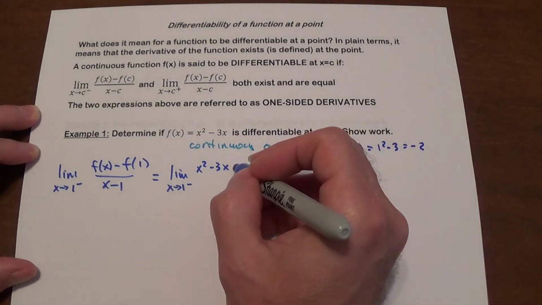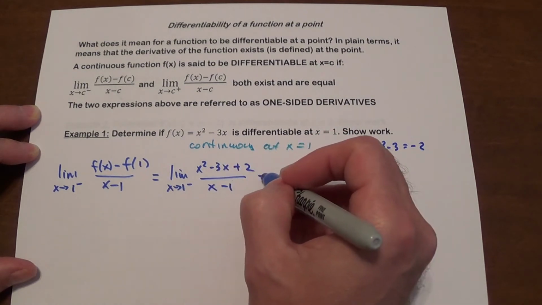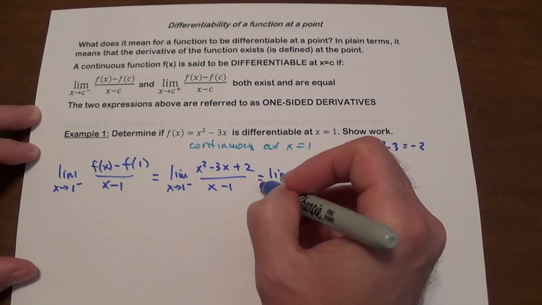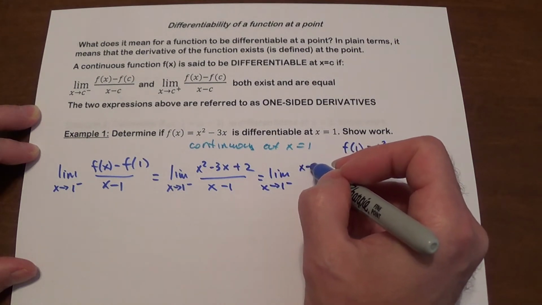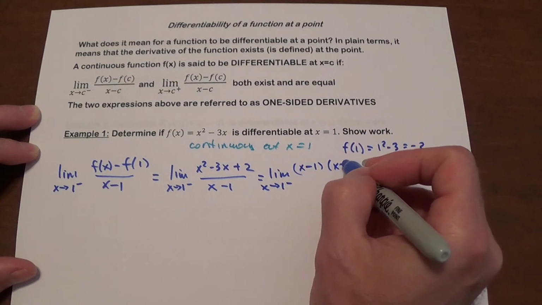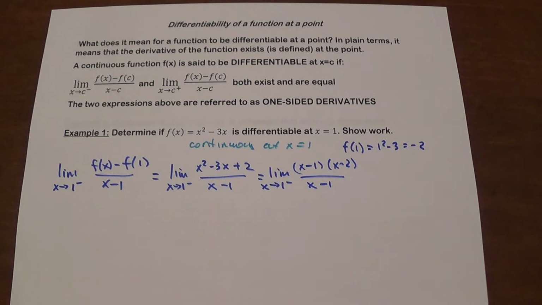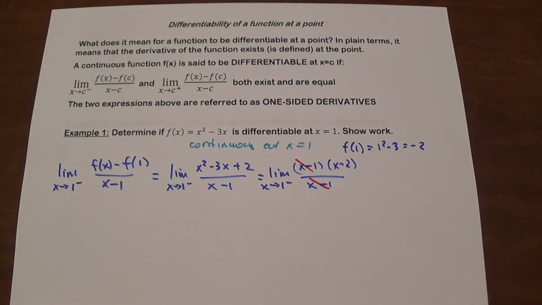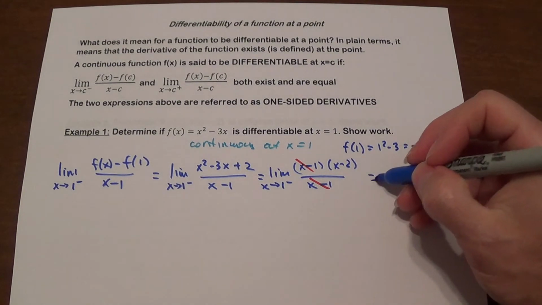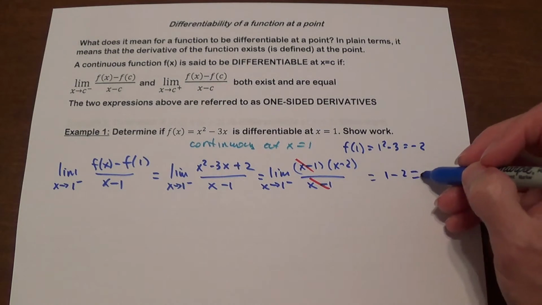Okay, so minus negative 2, so plus 2, divided by x minus 1. We can factor it: x minus 1 times x minus 2 over x minus 1. We can cross out x minus 1 and we're left with x minus 2, and direct substitution works, and it's going to be 1 minus 2, which is negative 1.